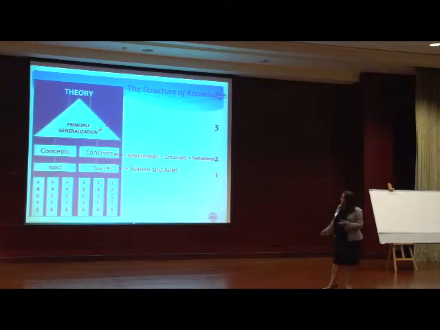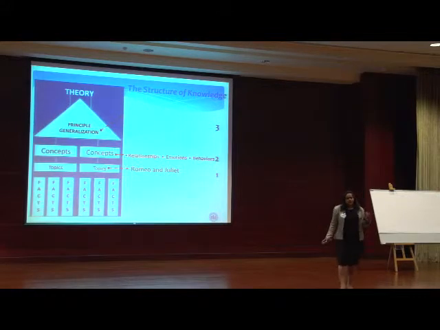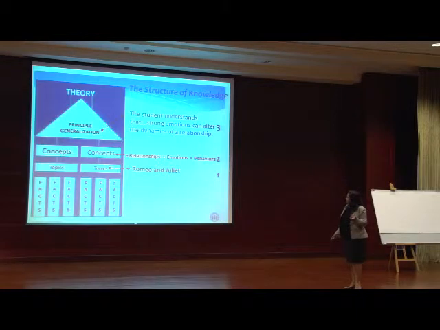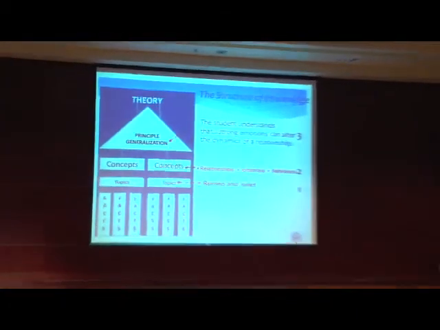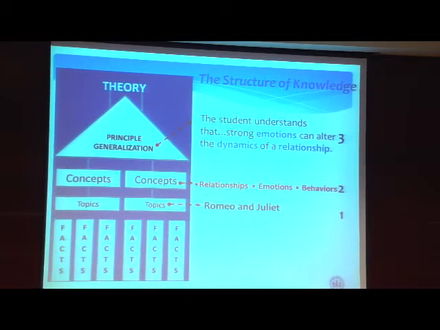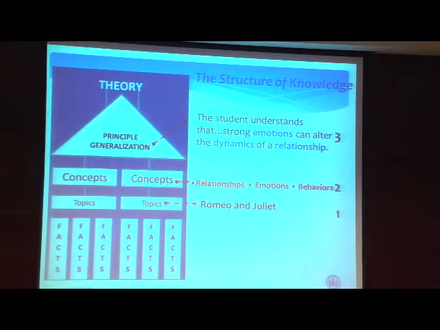So from these extrapolated concepts, I can draw out a big idea that says, students understand that strong emotions can alter the dynamics of a relationship. How powerful is that idea? And that idea is probably not just locked to the English classroom of today, it's probably applicable 100 years from today, and it meant the same 100 years before today.